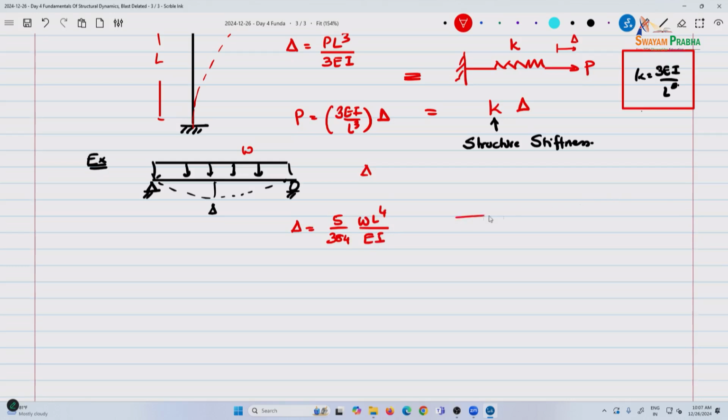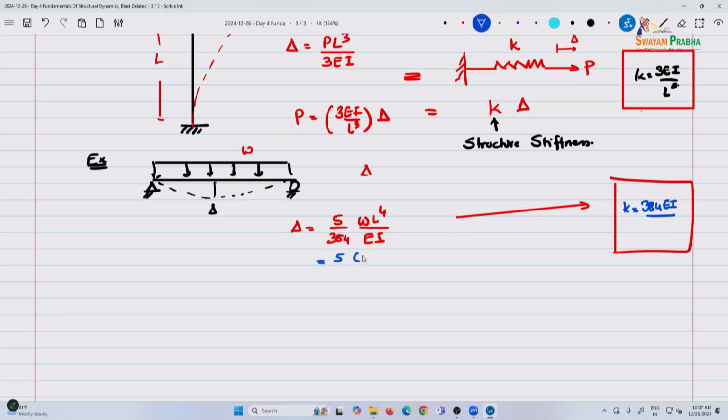So from here you can say the stiffness, doing a similar expression, is 384 EI by, now anything you have, you need to convert it to an equivalent load. You don't need to have load equivalence. This is equivalent concentrated load.